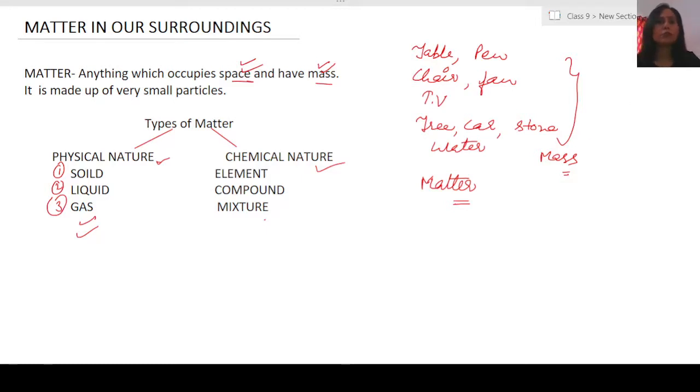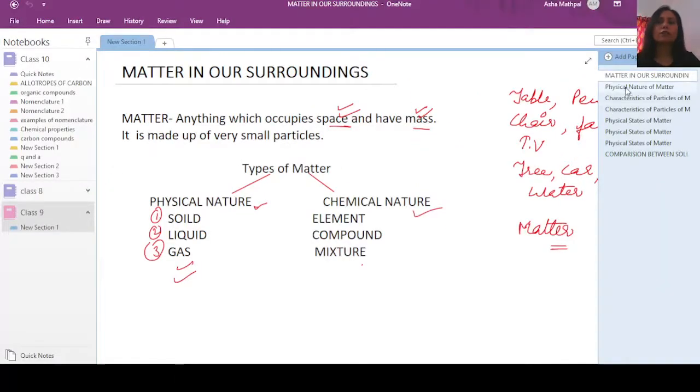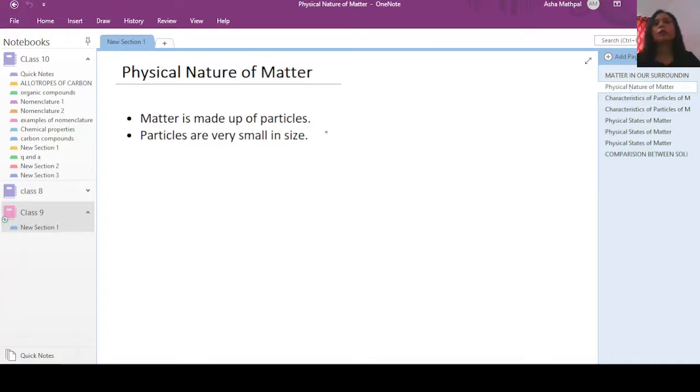So let's begin with the physical nature. The physical nature of matter: if we observe matter, the matter is made up of particles. How can we confirm this? For example, when you are about to enter a desert, I am saying about to enter and not inside the desert.